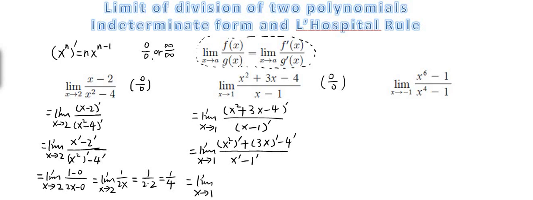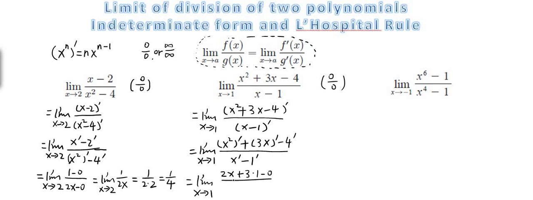For this one we're gonna use the power rule, 2x, and for the derivative of 3x we can put 3 out of the derivative because the constant multiplies the x, so that means 3 times the derivative of x is 1, and the derivative of the constant equals 0.